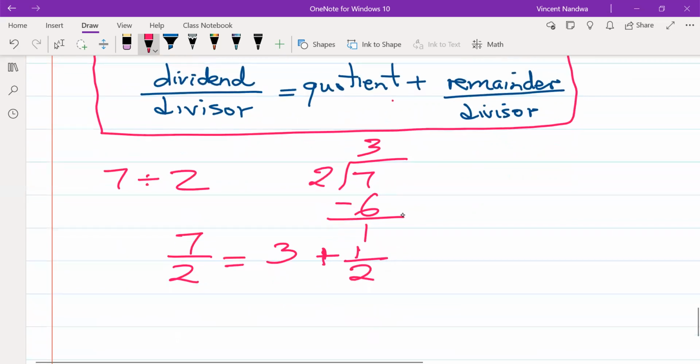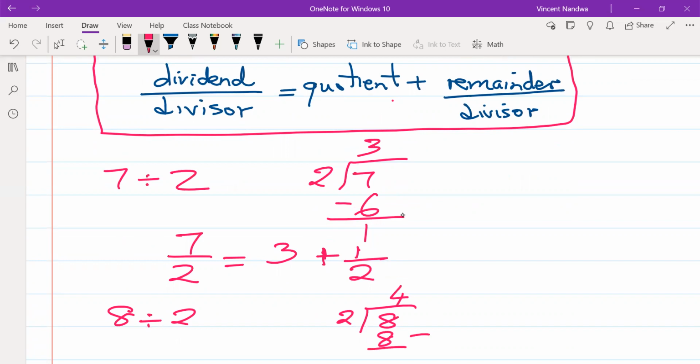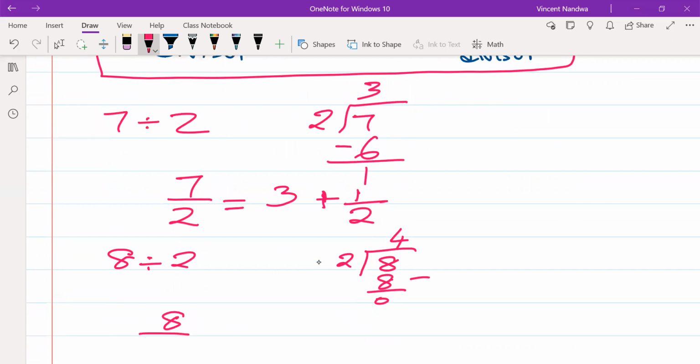But if you are given 8 divided by 2, so 4, 8, and 0. Which means 8 over 2 is given by quotient 4, remainder 0 over the divisor, which is just 4, okay? So always dividend over divisor equals quotient plus remainder over divisor.